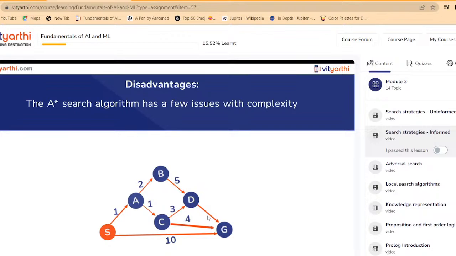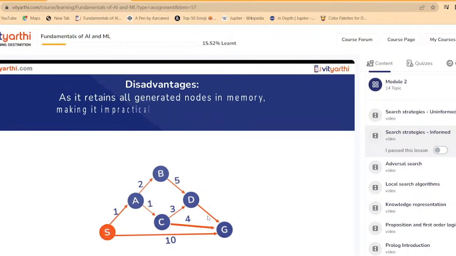So, the A-star search algorithm has few issues with the complexity. The most significant drawback of the A-star search algorithm is its memory requirement, as it retains all generated nodes in the memory, making it impractical for large-scale problems.